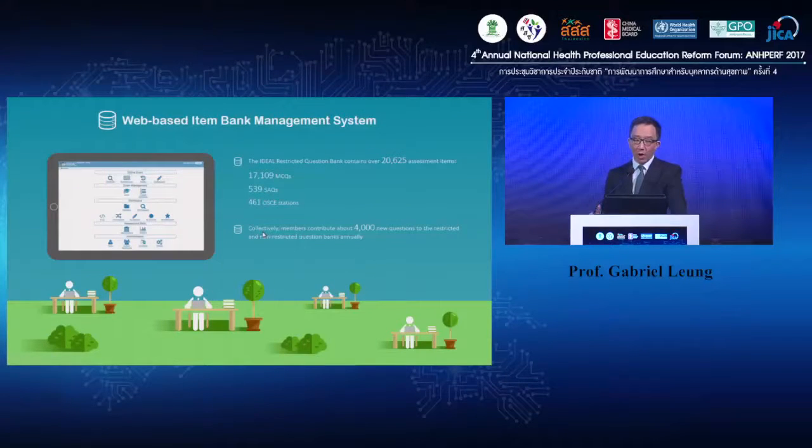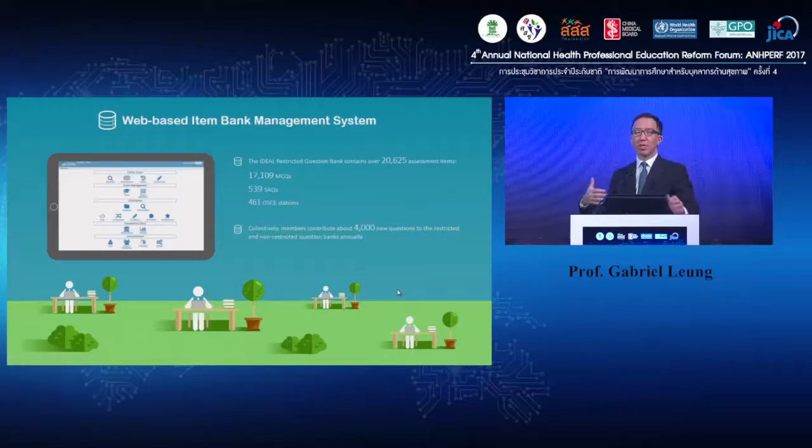I believe some also in this country, where we all pitch in, and cumulatively now we've got about 20,000 questions, 17,000 of which are MCQs or multiple choice questions, short answer questions about 500 some, and then OSCE stations about 500 as well. And collectively, member schools contribute 4,000 new questions every year.